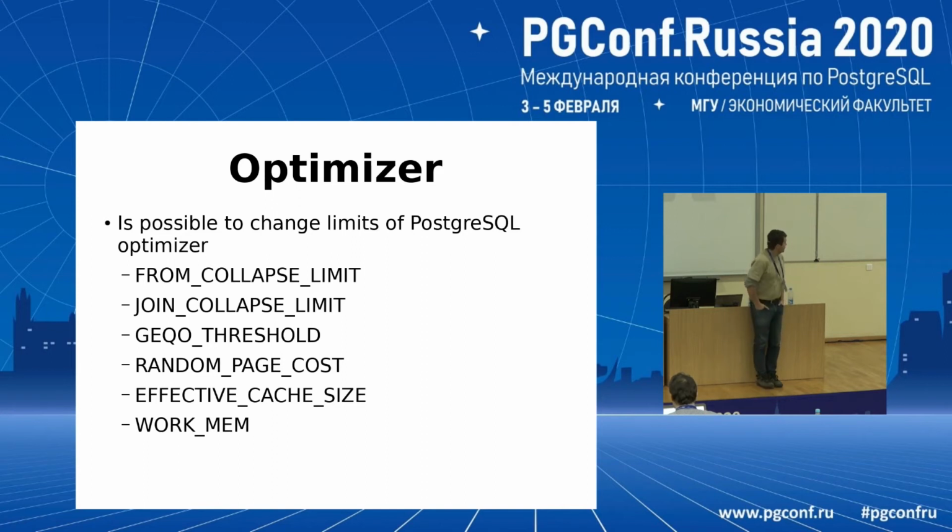And the last value that has a significant impact on performance and quality of plan is work_mem. Who knows work_mem in Postgres? It's not good. This is a really significant value for configuration of Postgres. The Postgres planner usually has more possibilities for how to execute a query.